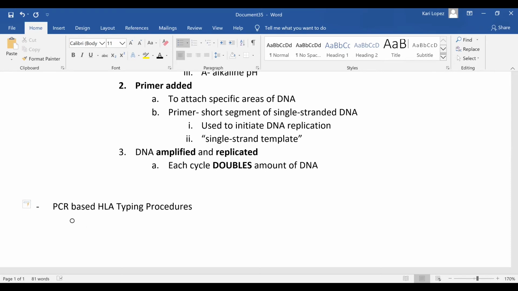And these, I'm just going to give you all the names and their acronym for them. Because again, I just don't think you'll get asked on any specifics on them. But it's good to know that they are all HLA typing procedures. So the first one is SSP, and that stands for sequence-specific primers.